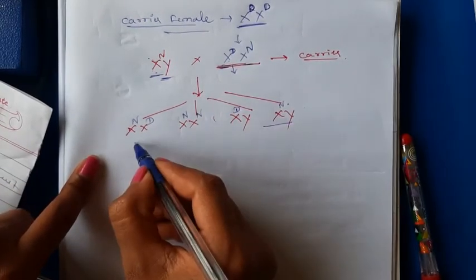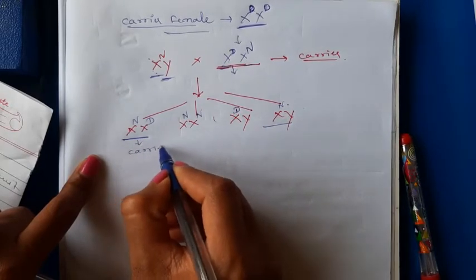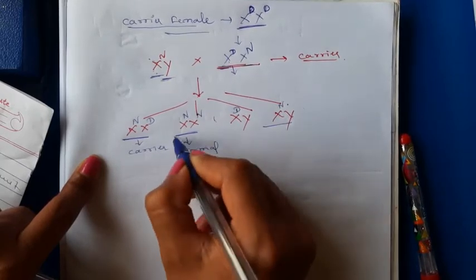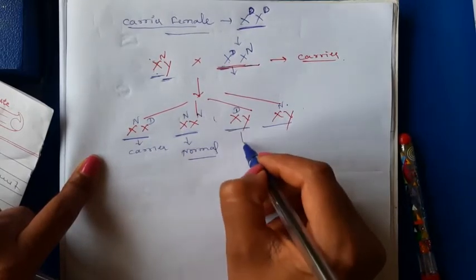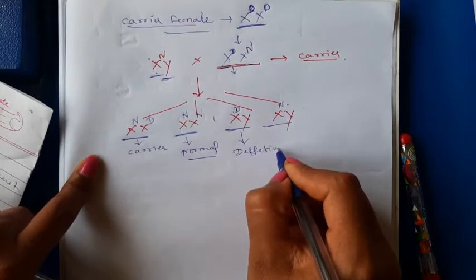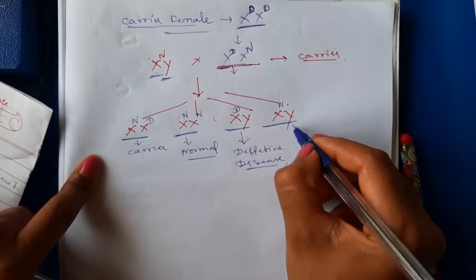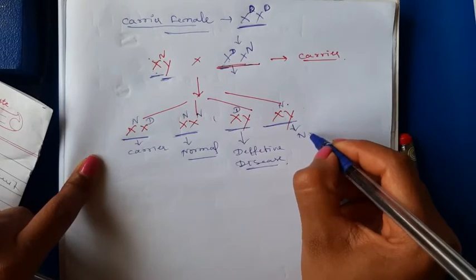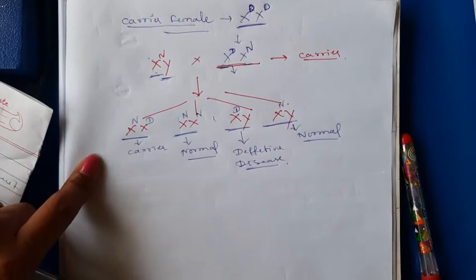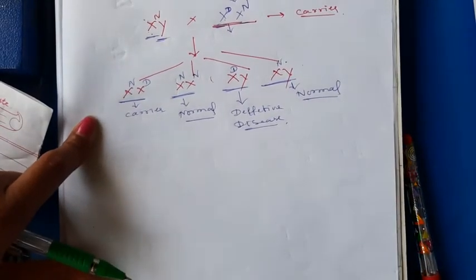Here you can see this female acts as a carrier, this female is normal, this male is defective or diseased, and the other male is normal. One female is a carrier, one female is completely normal, one male is diseased, one male is completely normal.